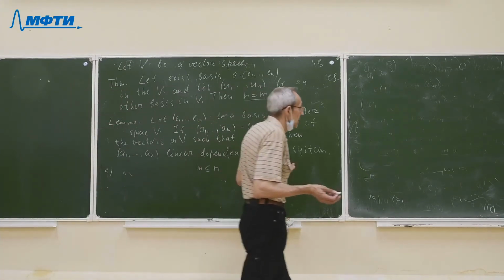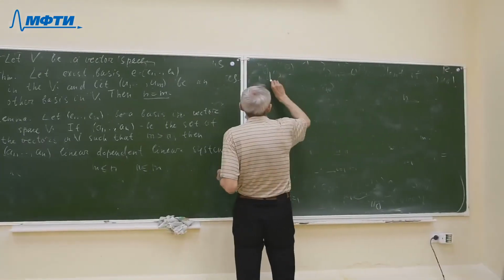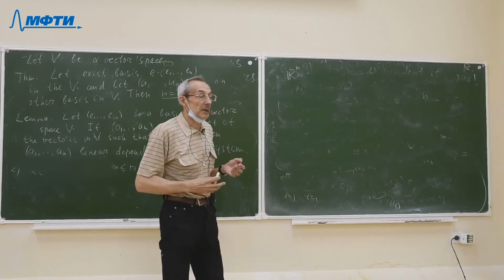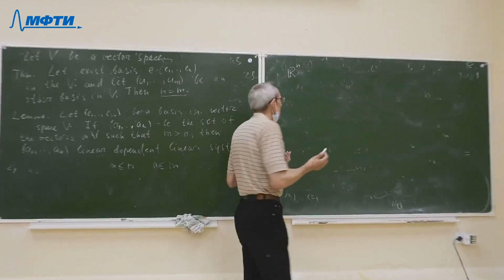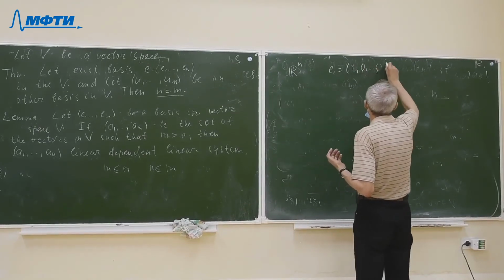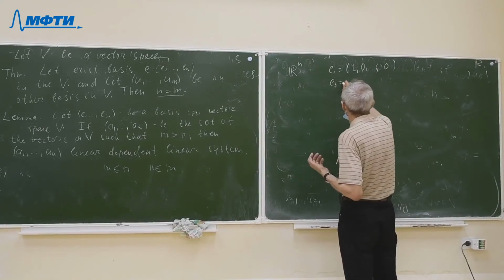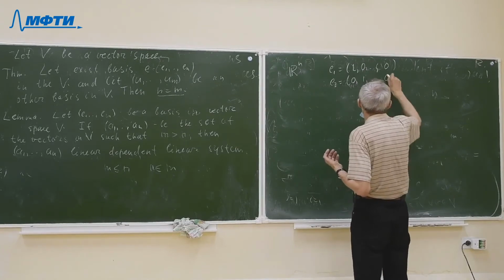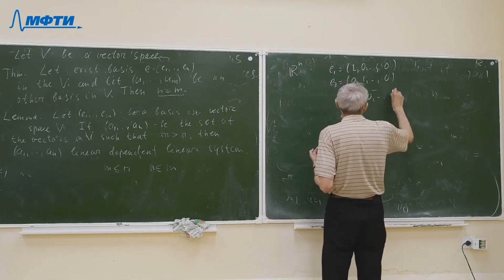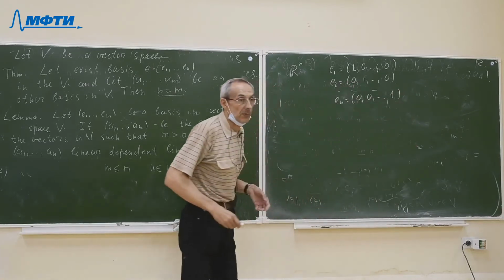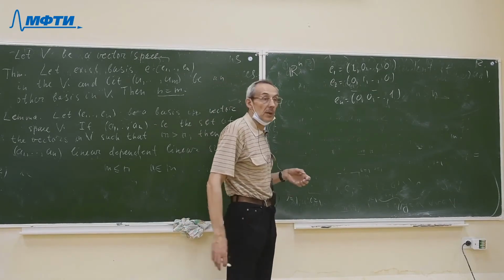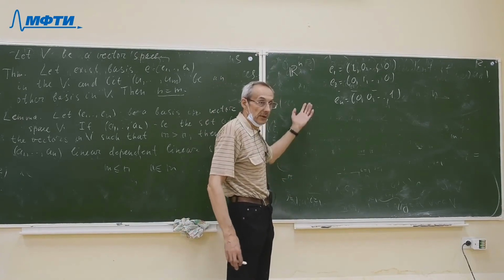And it is easy to see that in the arithmetical vector space Rn we have the standard basis, namely E1, E2, and so on. These elements, easy to see, form a basis in the arithmetical vector space.